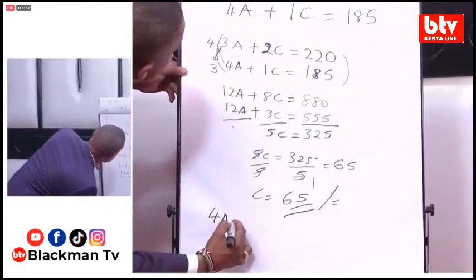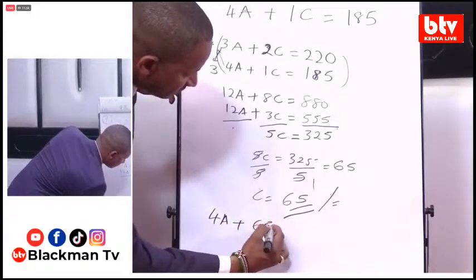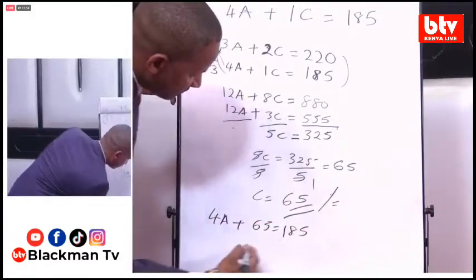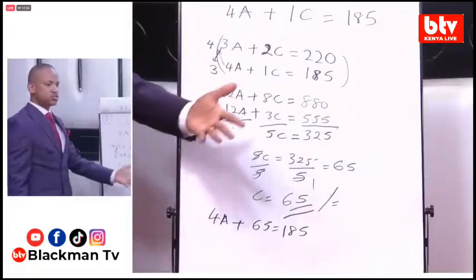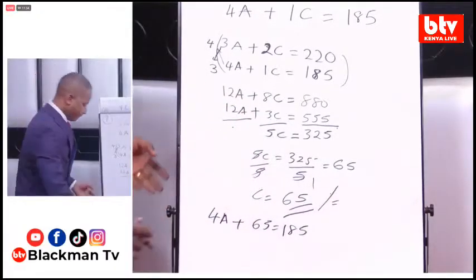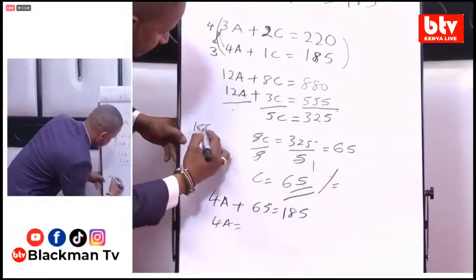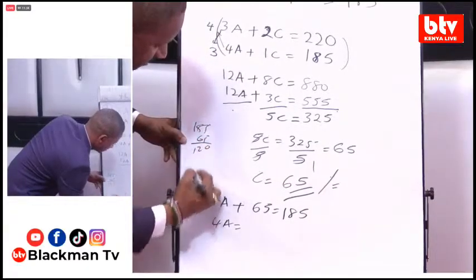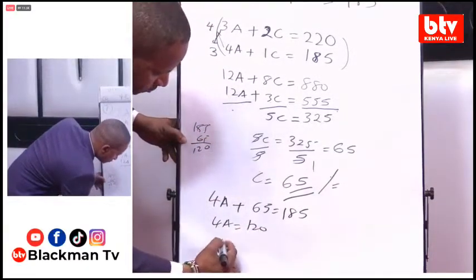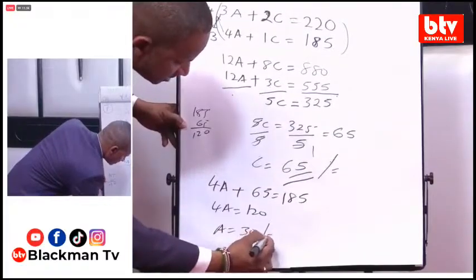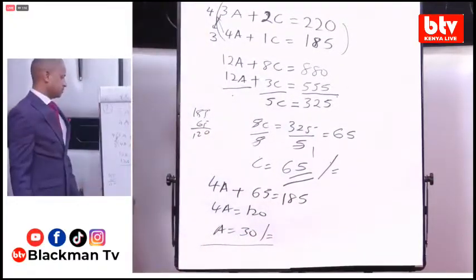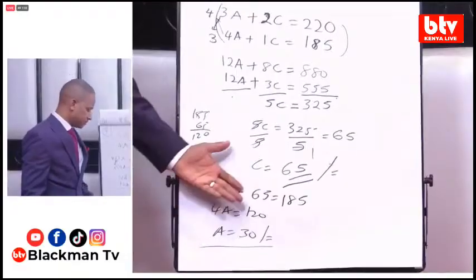So it is 4A plus C, which is 65, equals 185. This is called substitution. So 4A equals 185 minus 65, which is 120. So A will be equal to 30 shillings.